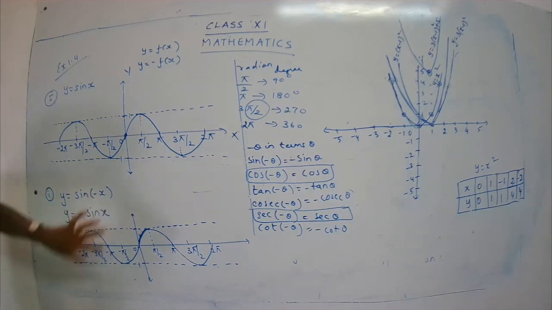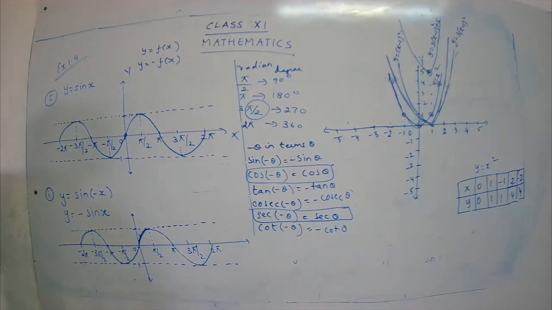So when you have minus f of x, the graph is the reflection about the x-axis. You have to just draw the mirror image about the x-axis. Shall we do the mirror image, children? So let's draw the mirror image.